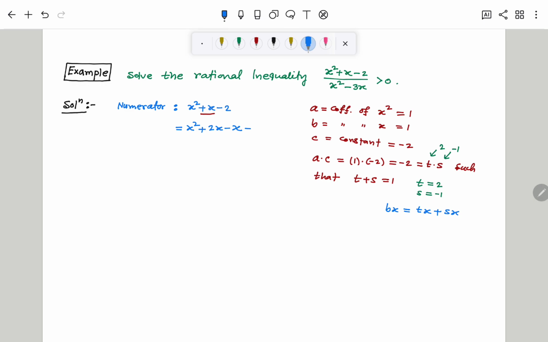I am writing x² + 2x − x − 2. So what should we get here? We can factor out x, and then we get x + 2.